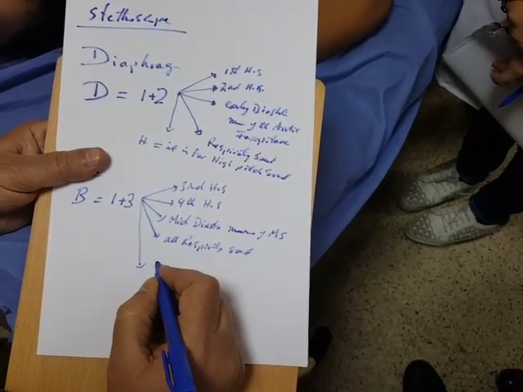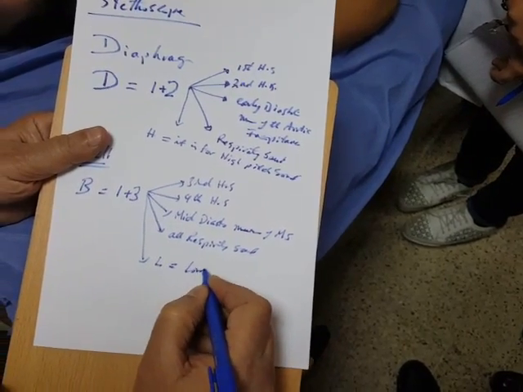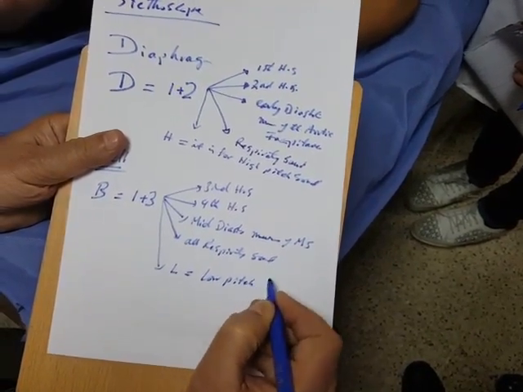Because there is L in the bell, it means low pitch sound.